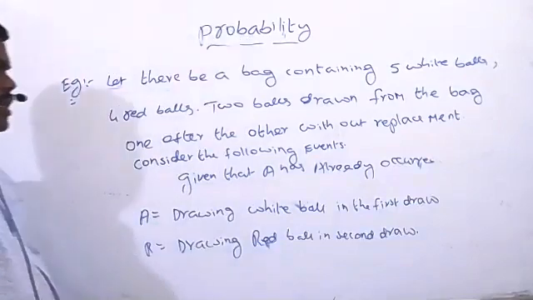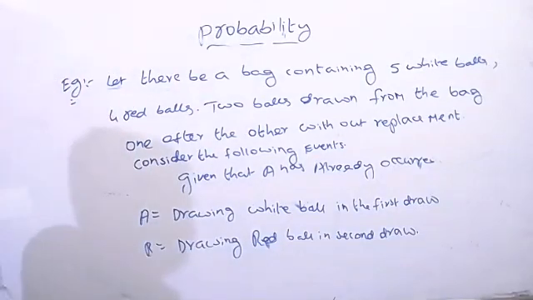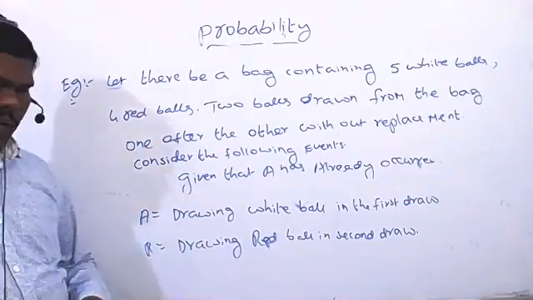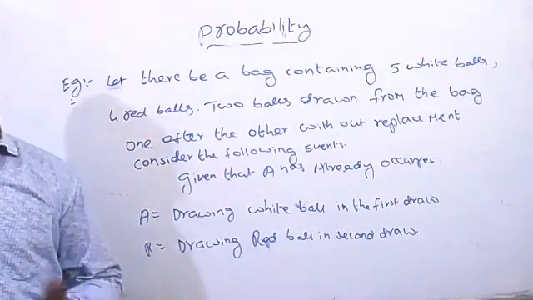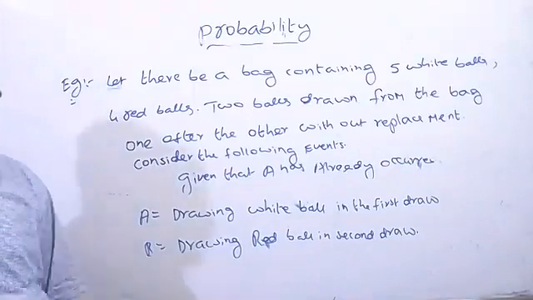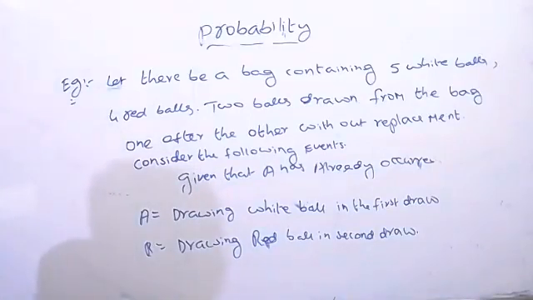Okay. So these are the events here now. Based on these conditions, we have to find the conditional probabilities, and whichever is possible, you can find it. Clearly, let there be a bag containing 5 white balls and 4 red balls. Two balls are drawn from the bag, one after the other, without replacement.